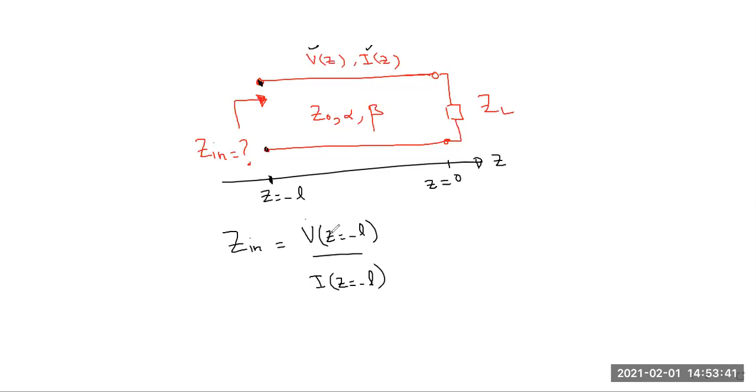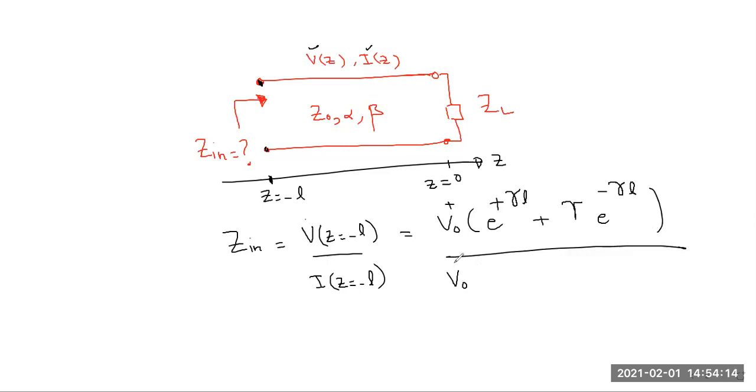So just replace z by minus L. You will get V0 plus times e to the power plus gamma L plus the reflection coefficient times e to the power minus gamma L. This is the voltage, and then you write down the expression for the current at z equal to minus L. So you get e to the power plus gamma L minus the reflection coefficient times e to the power minus gamma L. Wherever you are seeing this L, I have replaced z by minus L. Okay.